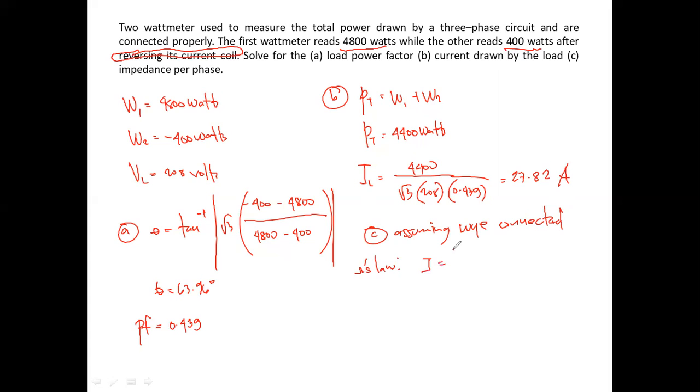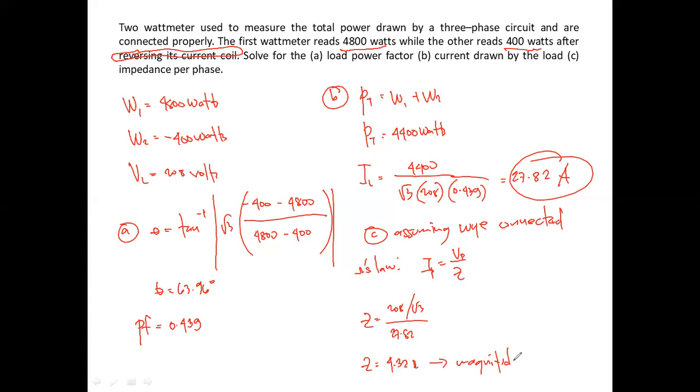That's I equals V over Z. So I_P is V_P over Z. So we have Z equals V_P, that's 208 over square root of 3, divided by I_P, which is equivalent to 27.82. So the magnitude of the impedance is 4.32 ohms.